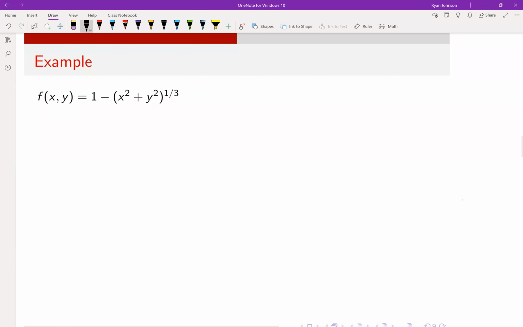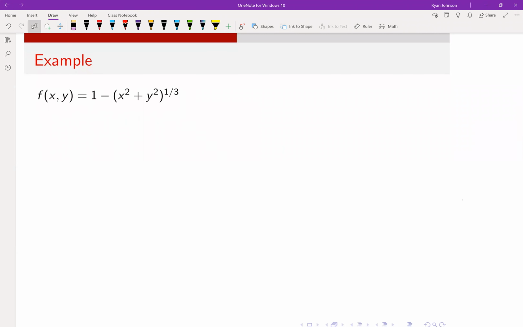So here, I'm going to have this function. Then I'm going to define fx of x, y. Well, that's equal to, let's see here, negative 1/3 times x squared plus y squared, and 1/3 minus 1 is negative 2/3, then times the derivative of the inside, which is 2x.